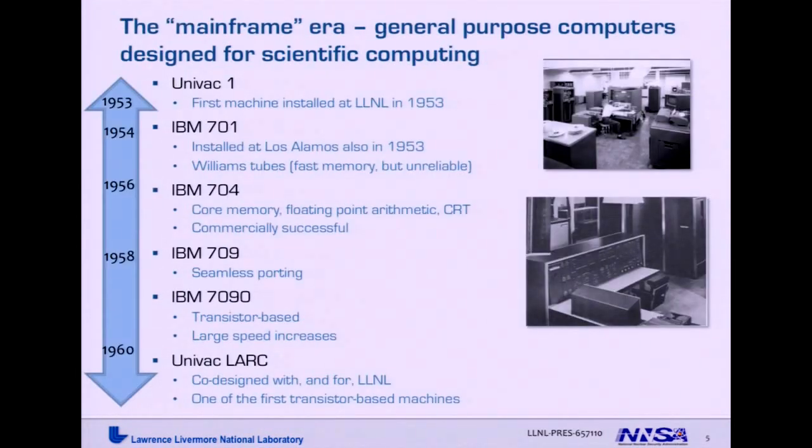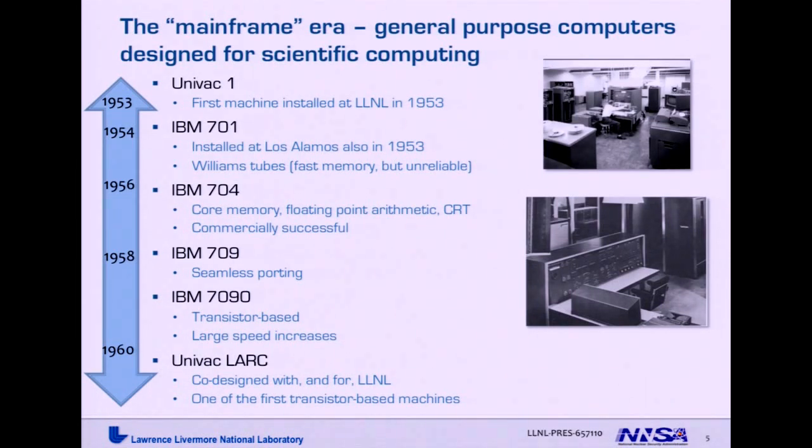So throughout the 1950s and early 60s, there was a series of these mainframe computers, a lot of innovation in hardware at this time, a lot of it driven by IBM. I won't go through these in detail, but new memory systems, new ways of thinking about how to port from one machine to the next. Transistors came along, replaced vacuum tubes.